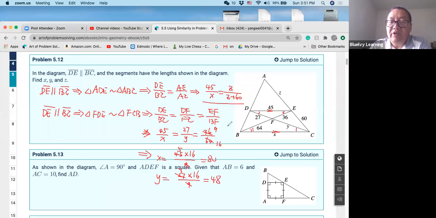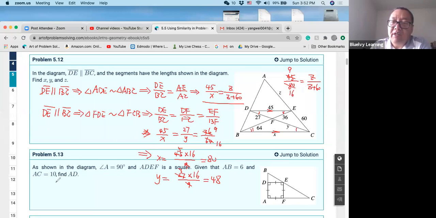Now let's go here. We already know X, then we can solve Z. So this equation will simplify to 45 over 80 equals Z over Z plus 60. So then you first simplify. 5, this one will be 9. This one will be 16. Then you do cross multiplication.